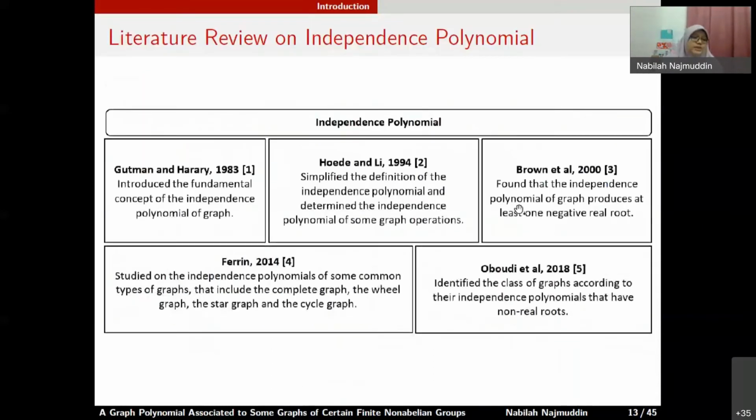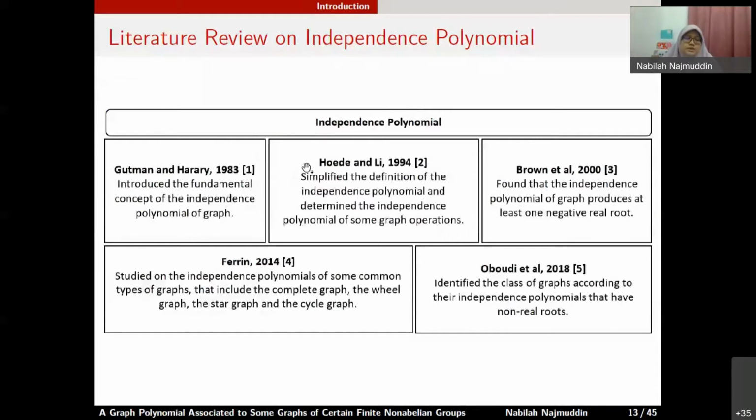Here is some literature review on the independence polynomial. The concept was first introduced by Gutman and Harary in 1983. In 1994, Hoede and Li introduced and defined a polynomial named the independent set polynomial.